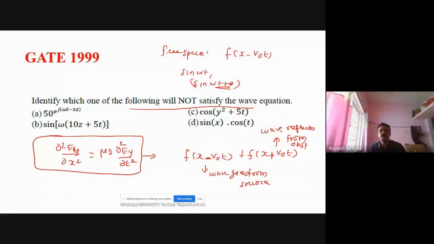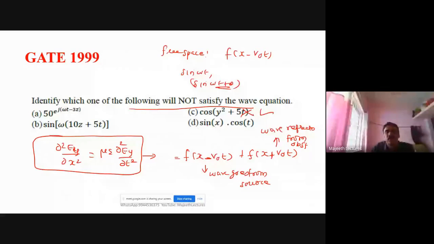So if the solution is in the x minus v naught t format, then only it is called a wave equation. Now identify which of the following will not be a wave equation. You see option C, this is not at all in this format. So this is wrong, so this is the correct answer. The remaining ones will be wave equations.